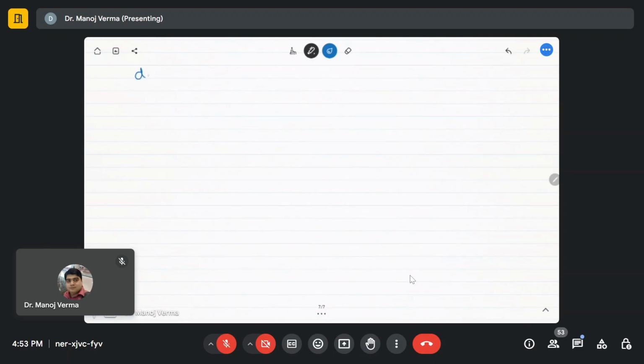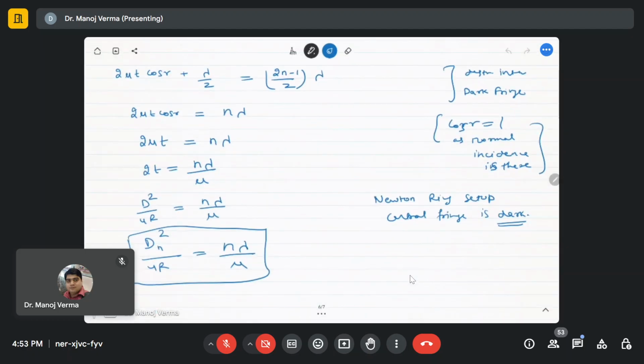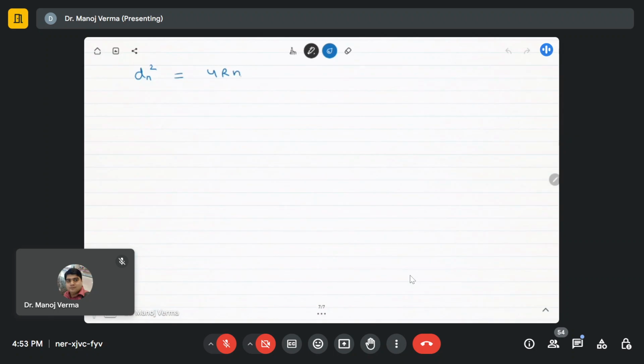I will write this here: Dn square by 4r is equal to n lambda by mu. So this Dn is the diameter of the nth ring. It will be 2 root of n r lambda by mu; I took the 2 outside, and n stays inside the square root.